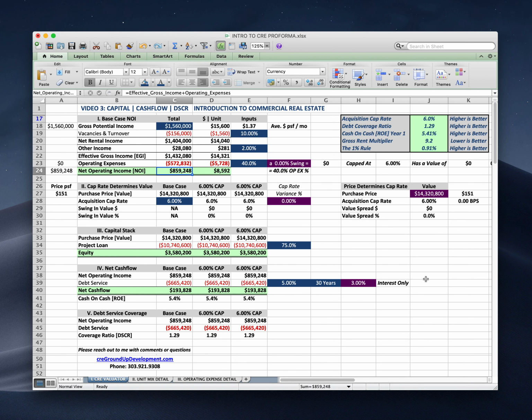The only other thing that I want to make you aware of is that sometimes if you're going to do a rehab, you can get an interest-only loan for some period of time. And if you want to calculate an interest-only loan, what the pro forma allows you to do is select 0 here and put in whatever interest rate you believe you're going to be able to get.